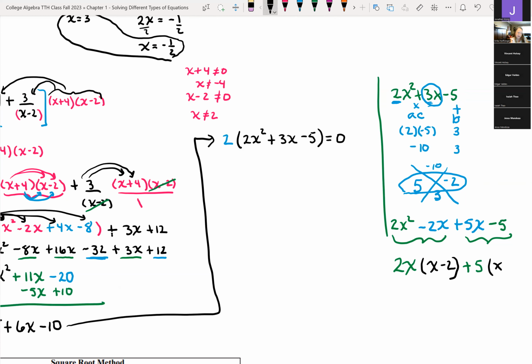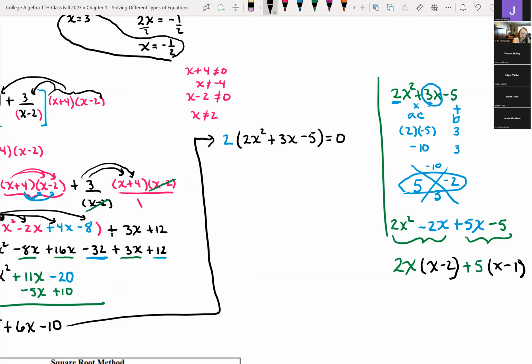I made a mistake. I noticed that I needed to have the same thing. And so when I pulled out that 5 from the 5x minus 5, I have x minus 1 here.